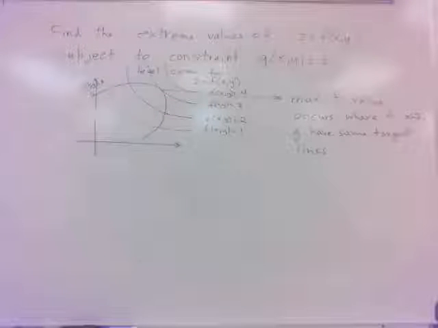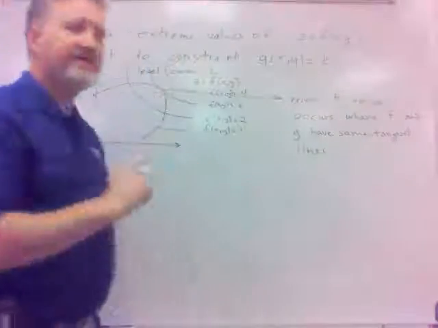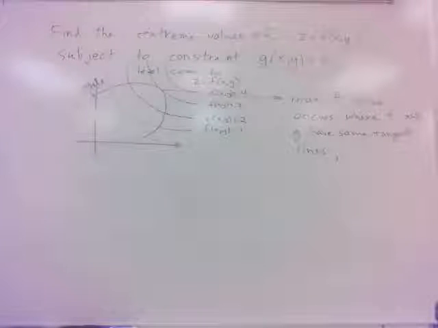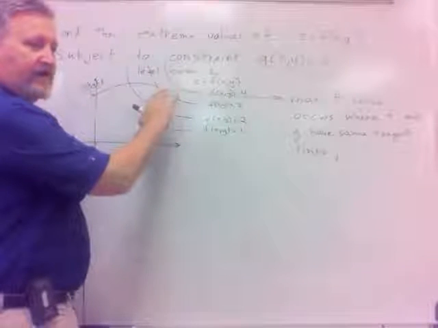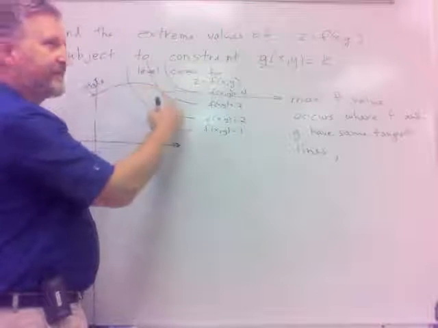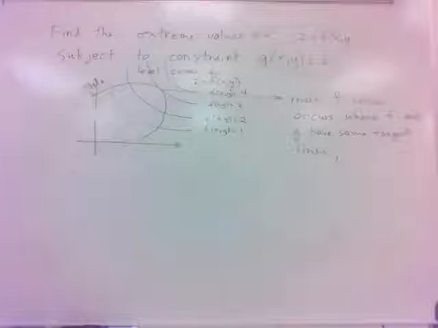Now, to relate that to some other stuff then, that also means what about the normal lines? The normal lines would be parallel, because the tangent lines are the same. We'd have the same normal direction. So we could say that the normal lines are also parallel, which means that the gradient vectors are parallel, right?